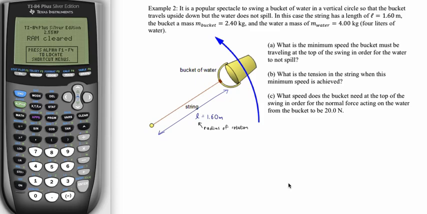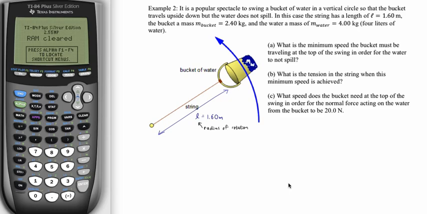We also have the mass of the bucket and the mass of the water. We'll call those two different masses MB and MW. Essentially, the notion is that we have some water inside the bucket. We can imagine how much it is, but it's not relevant for the problem. Here inside, we have the mass of the water, MW.